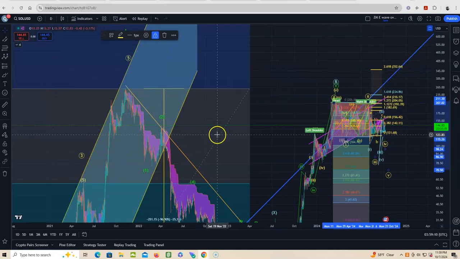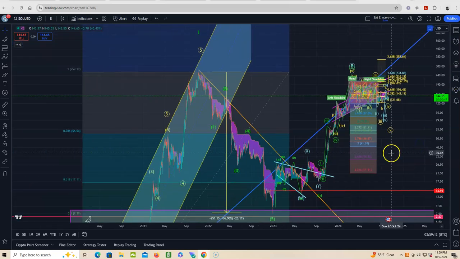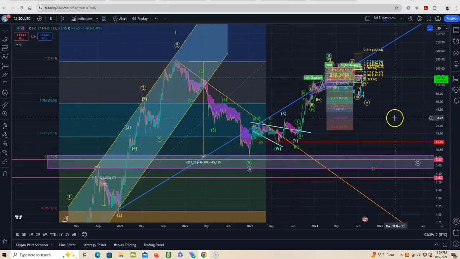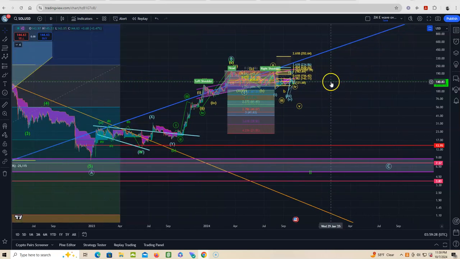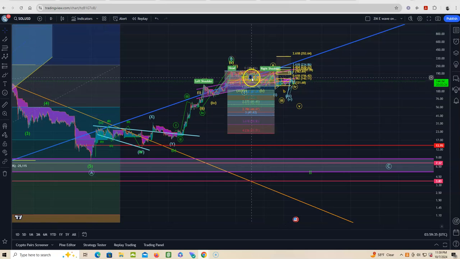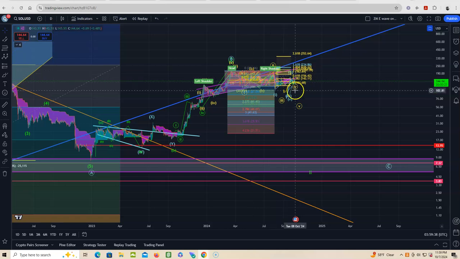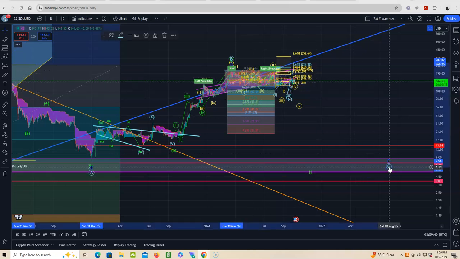And this is all within the context of one macro, A, B, C, 2 macro. So this wave 1 minuet is the start of wave 1 intermediate, that will lead to wave C. This wave 1 minuet is the beginning of wave 1 intermediate.